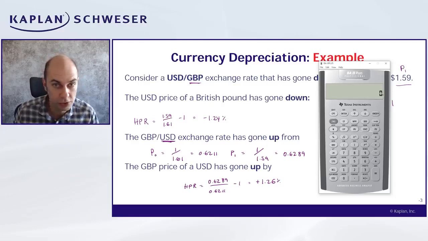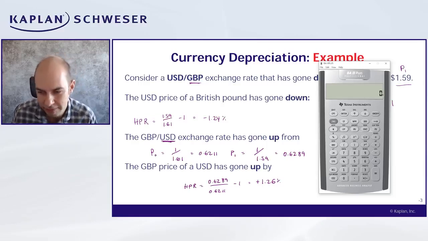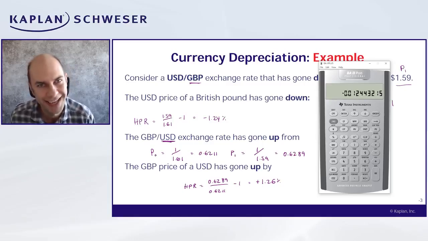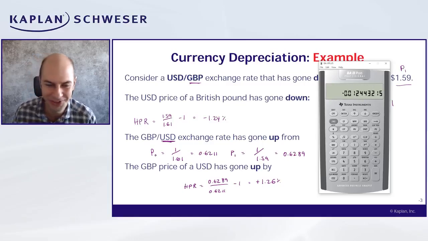Or you can also convert the 1.26 really quickly to 1.24 by saying 1 plus 1.26%, then reciprocate that, minus 1, and boom, you've got 1.24. Brilliant.